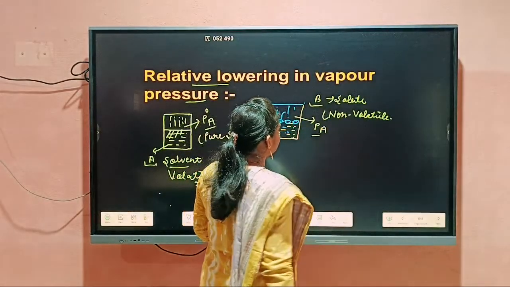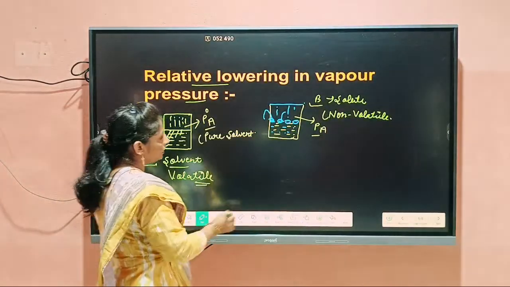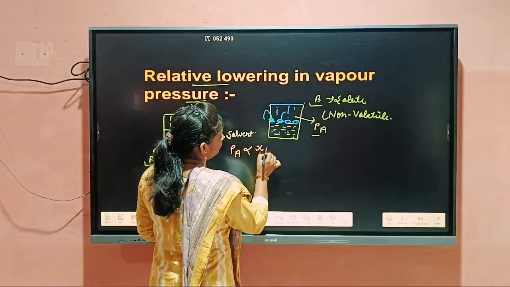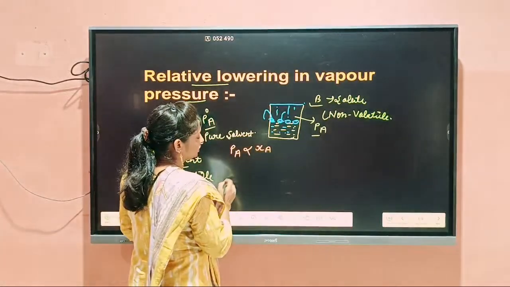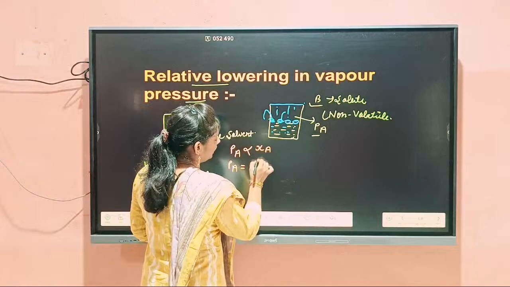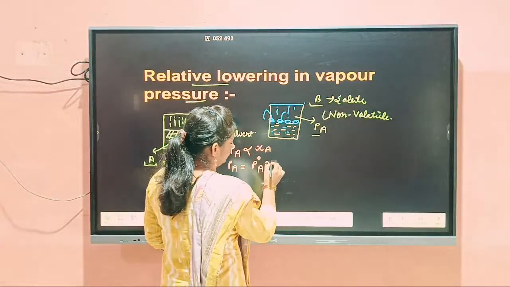and according to Raoult's law, the partial pressure of a component is directly proportional to its mole fraction. So here PA is directly proportional to XA, and PA is equal to P0 A XA, where P0 A is the constant of proportionality.